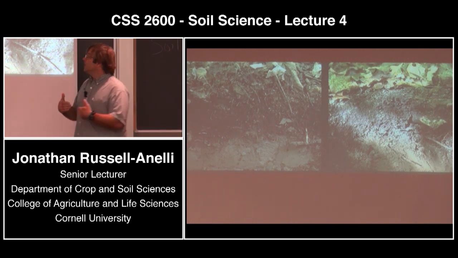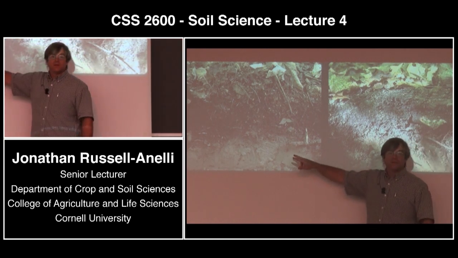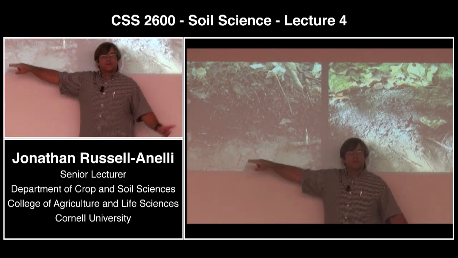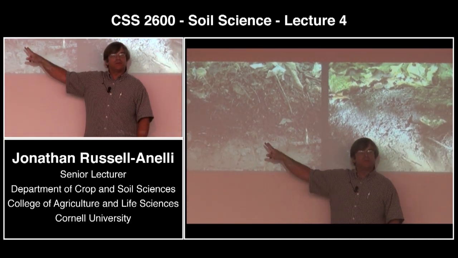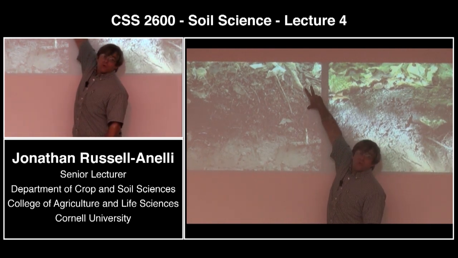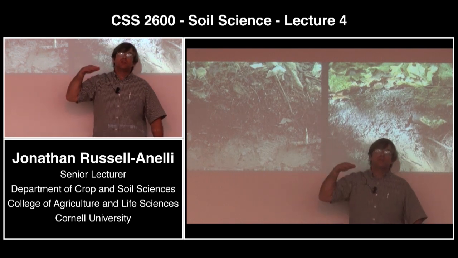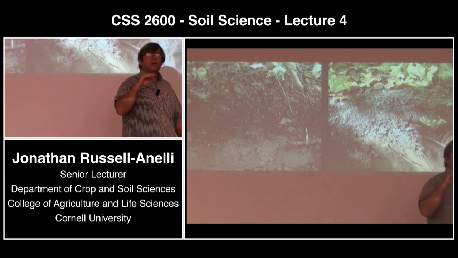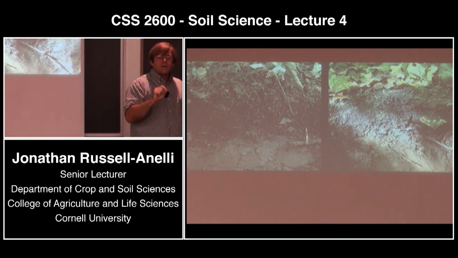So what's going to happen when earthworms start moving through the system? No earthworms here, earthworms here. What's the big difference? They start chewing up all the debris that's gathered on top. All this stuff up here is basically being chewed away. Now, it's just a small example.